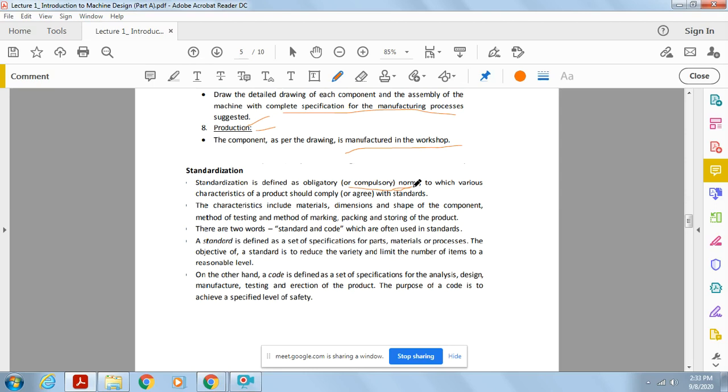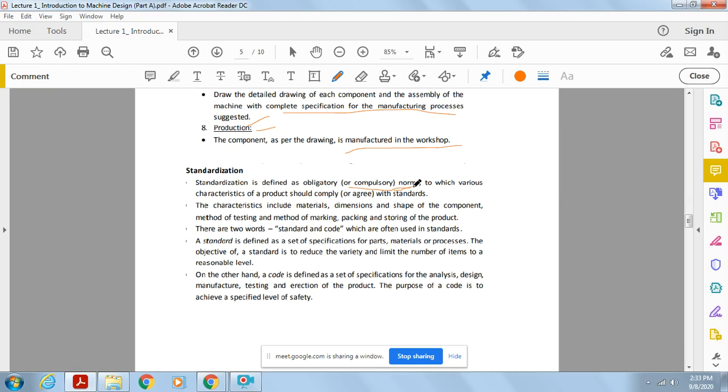Otherwise, if you violate the Indian standard rule, your design will never get approved, and of course the manufacturing based on your design will be void. This is not possible. You have to follow the technical specification of any standard or code.